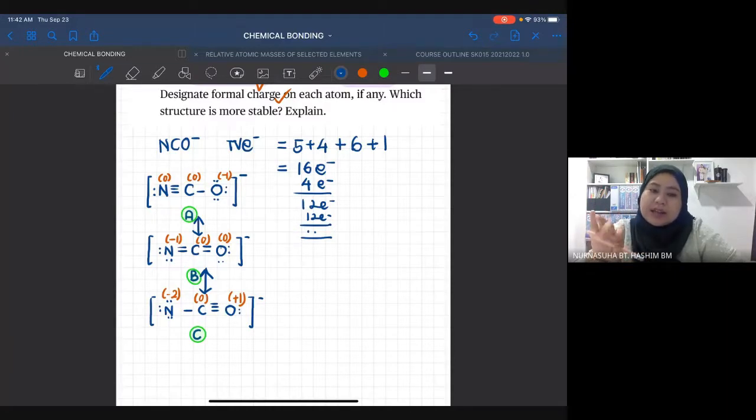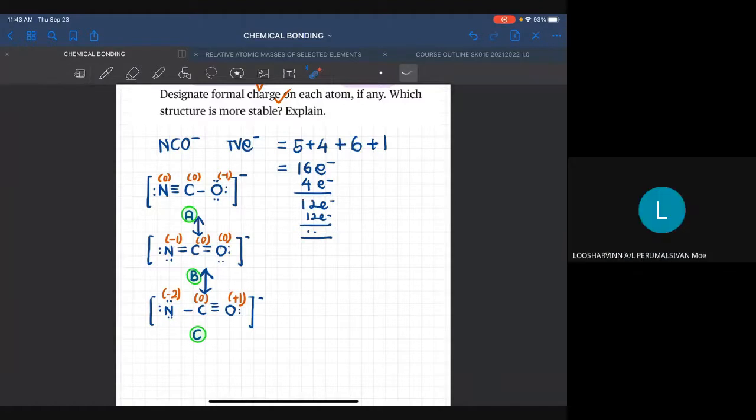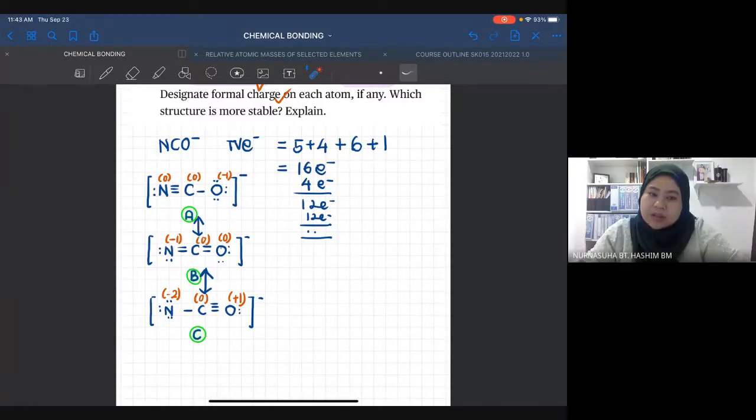So you tolak dengan 3. 3 tu yang apa? Ni. 3 covalent bond. Then you tolak lagi 2 elektron. So basically the charge for nitrogen is 0. Okay, Madam. Saya ingat tolak satu lone pair tu. Ya, you jangan tolak satu je lone pair tu sebab dia ada 2 elektron. So tolak 2 lah sebab ada 2 elektron. Okay, Madam. Sebab tu dalam formula Madam letak valence electron minus covalent minus dots. Berapa dot ada? Ada 6 dot, tolak 6 lah.